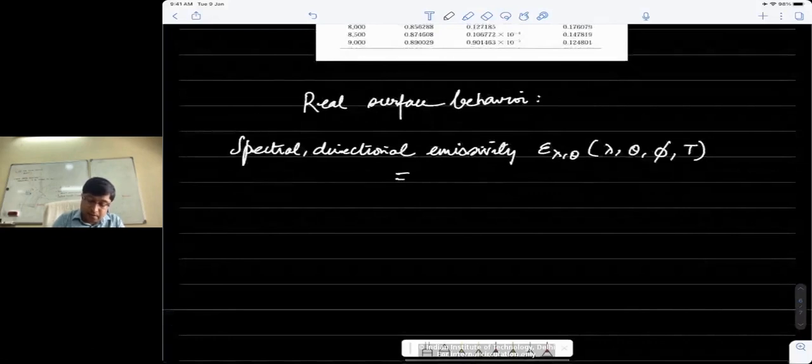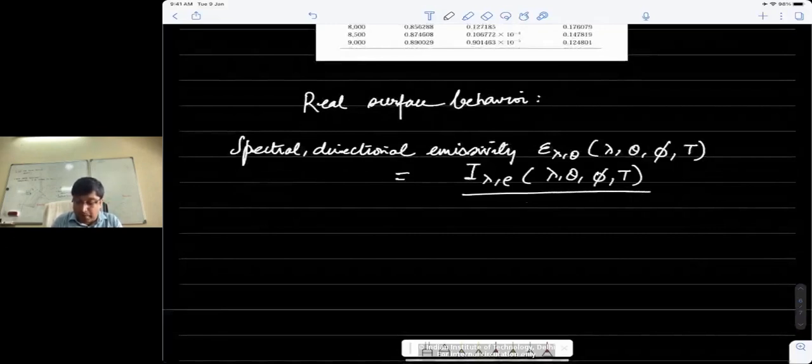This becomes the ratio of the radiation emitted by a real surface at a given wavelength, in a given direction, at a given temperature, versus what a black body will emit at the same wavelength and at the same temperature. So the ratio of these radiation intensities is what will define the spectral directional emissivity.